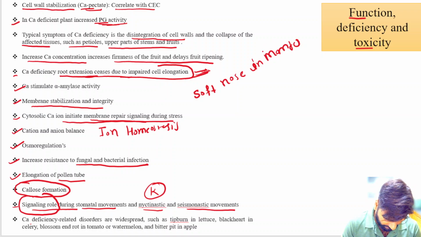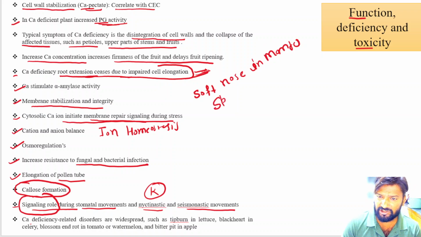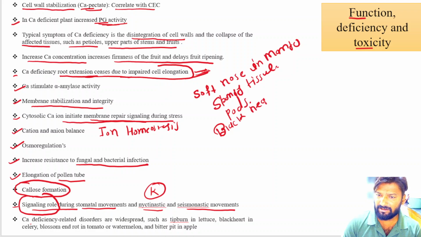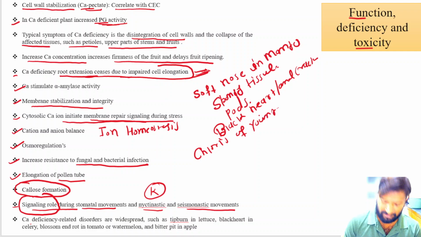Okay, then spongy tissue because there is a disintegration of the cell wall. Then poor filling of the pores. Then black heart and the packing. Then chlorosis of younger leaves, because it is less mobile.